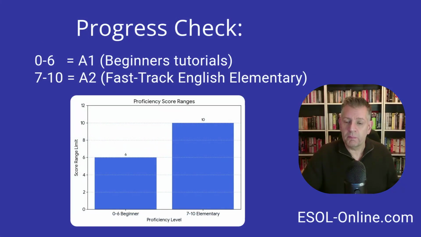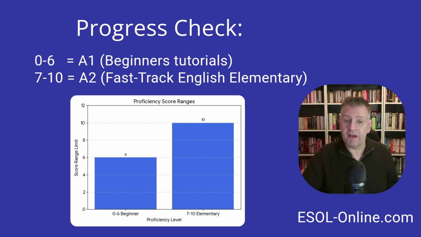Okay, let's have a look at your progress. So that's the first 10 questions finished. If you got 6 or less correct, then your level is beginner. So if you want to study with me, with the Fast Track English, you will need to be booking a beginner's tutorial. If you scored between 7 and 10, then well done.